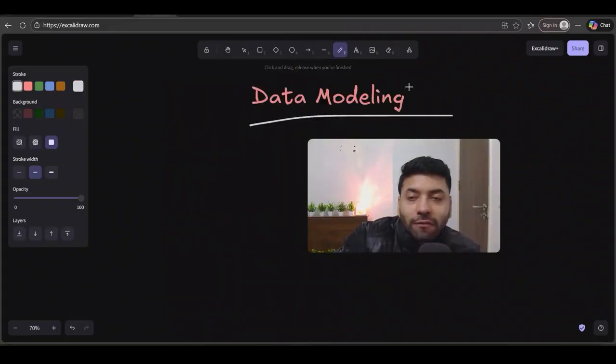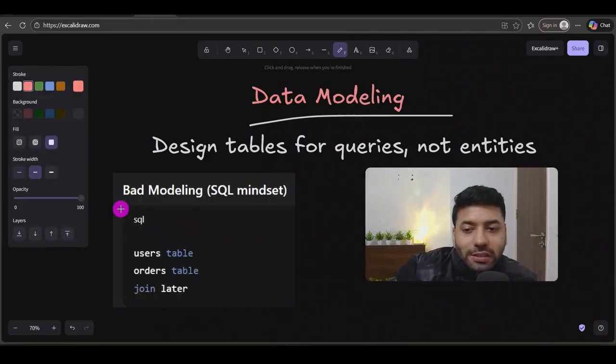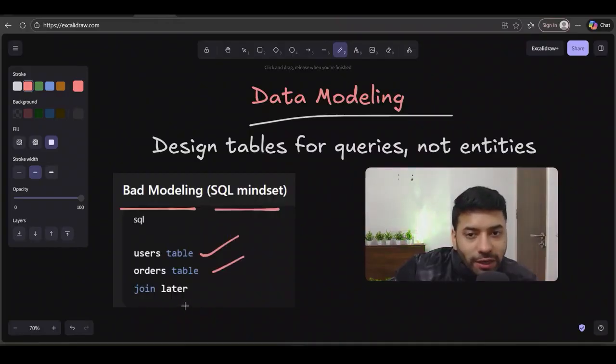Now let's also talk about data modeling in a wide column database. The rule here is you have to design the tables for queries and not entities. Based on what kind of queries you get, you have to design the tables accordingly. This is a bad modeling example because we are following the SQL mindset. You would have a users table, an orders table, and then join them later because we used to do it in SQL. But this is bad modeling for a wide column database.